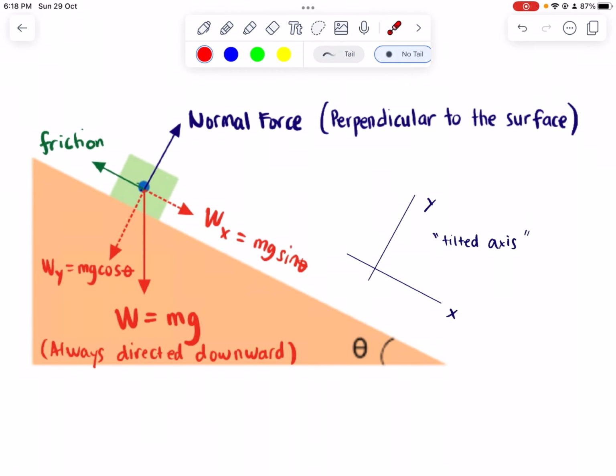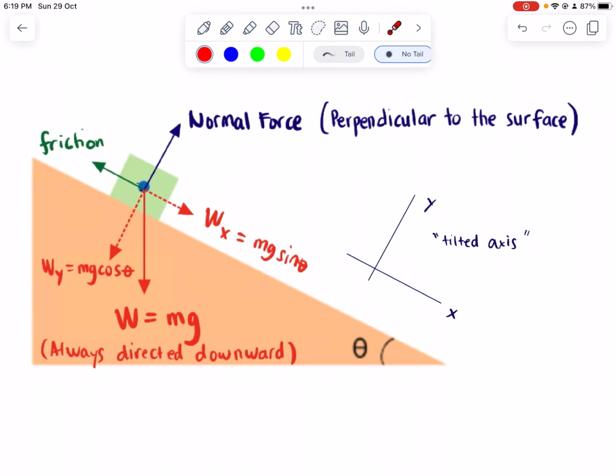Now if you notice, there are two arrows here that are represented with a dashed arrow. These arrows represent the components of the object's weight. So here we have Wx, that means this is the x component of the object's weight, and we also have Wy, which is the y component of the object's weight.